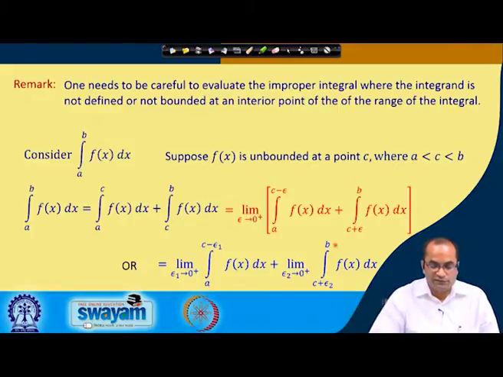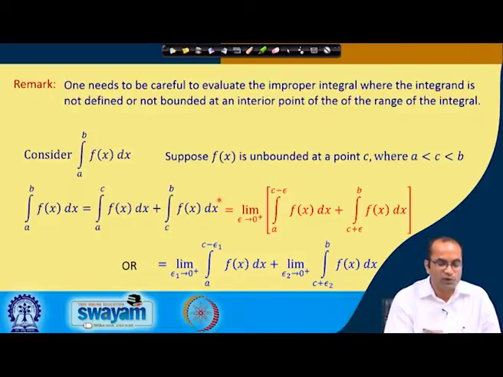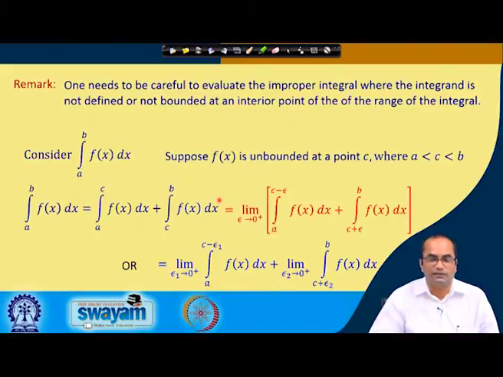In the second case, which is the correct one for the evaluation, we take epsilon 1 for the first integral, because these two are separate improper integrals. So, we should deal with them differently. Here we have the limit as epsilon 1 goes to 0 of the integral from a to c minus epsilon 1, plus the limit as epsilon 2 goes to 0 of the integral from c plus epsilon 2 to b.